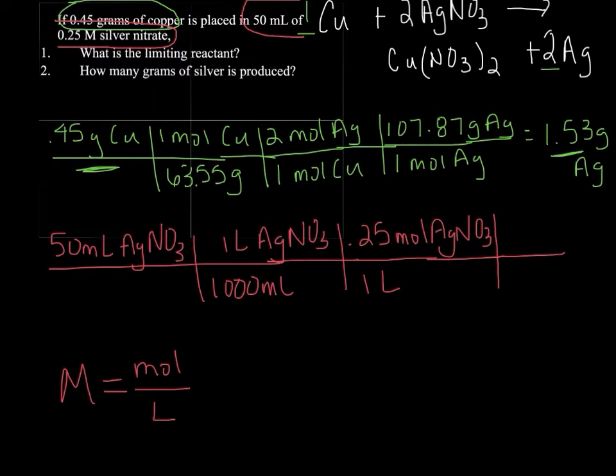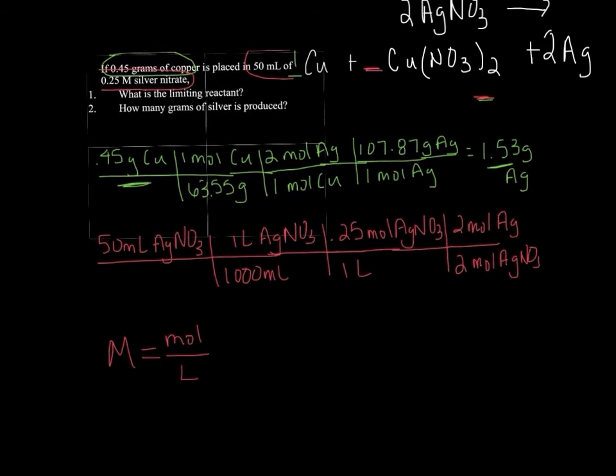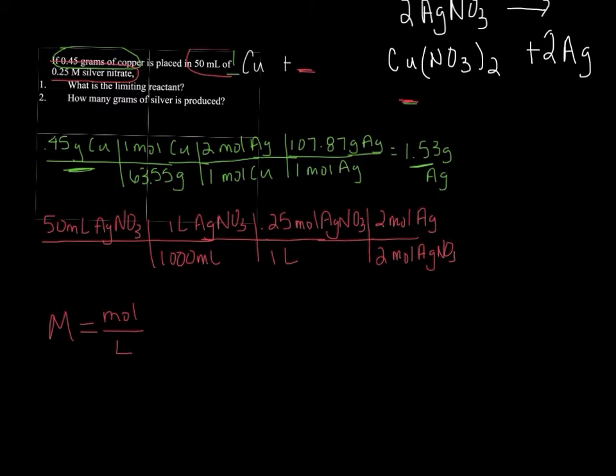My next step is to go from moles of silver nitrate to moles of silver. So I have 2 moles of silver nitrate for 2 moles of silver, so it's a 2-to-2 ratio. My moles of silver nitrate go on bottom, and my 2 moles of silver go on top. I'm going to make some more room for myself here, shrink this down, push it over. Next step, go from moles of silver to grams of silver using that same final step that I used in my first T table.